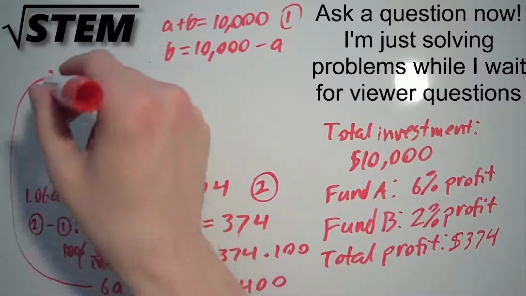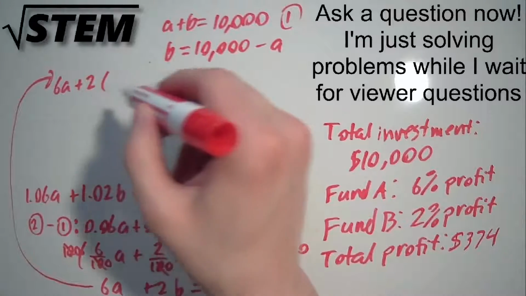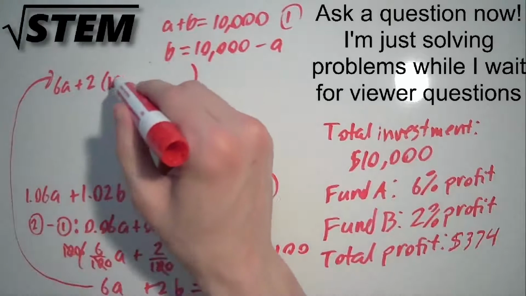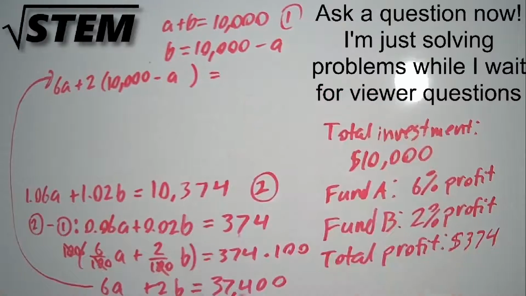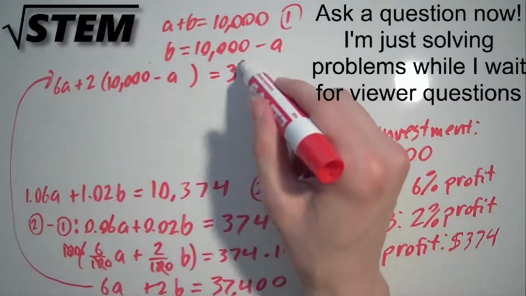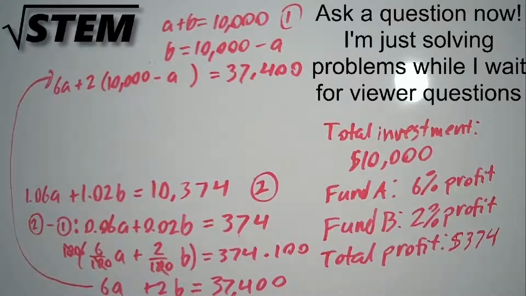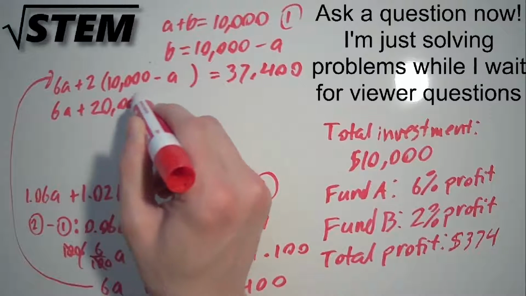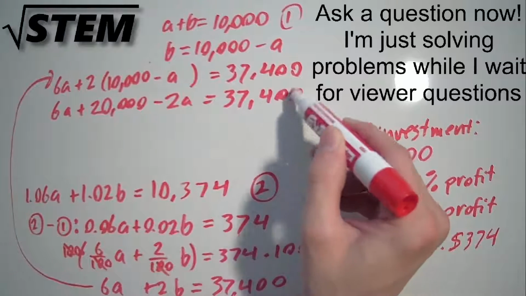Bring that up here. We have 6a plus 2 times, I'm going to put a big parentheses where b is, since we know what b is equal to, 10,000 minus a, and that's still equal to 37,400. So let's distribute this. 2 times 10,000 is 20,000, minus 2a equals 37,400.